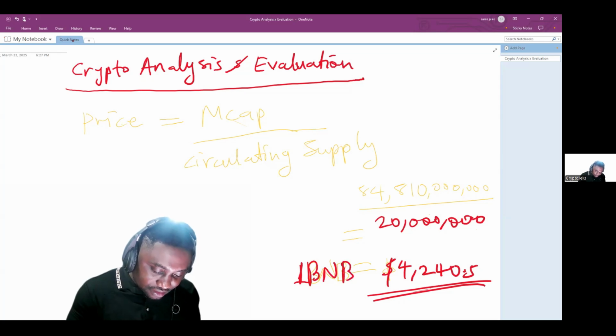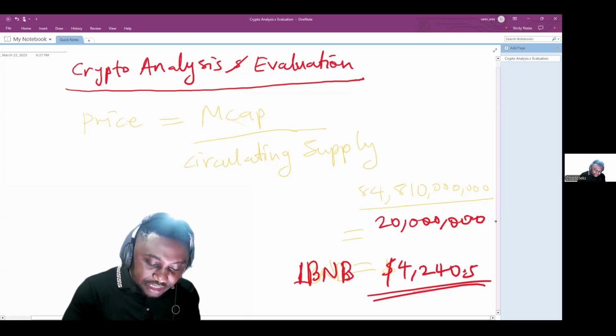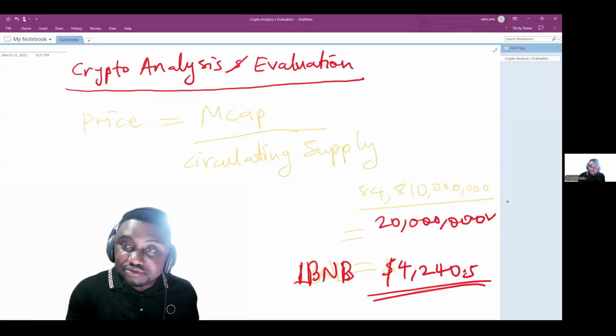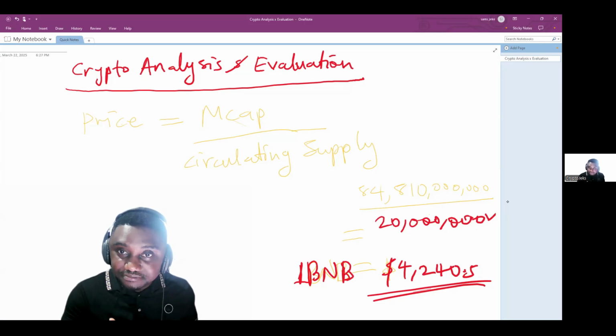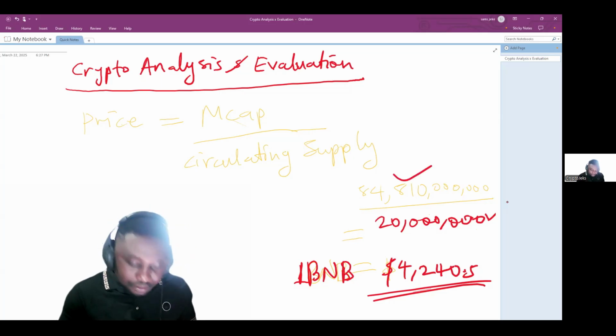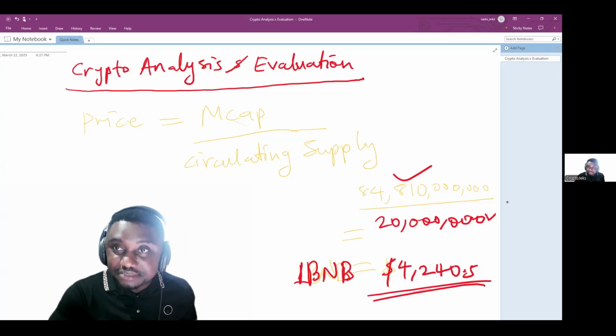Had it been that when they were designing BNB, they created only 20 million, fully in circulation, then at a market cap of 84 billion, BNB's price would have been 4,240.